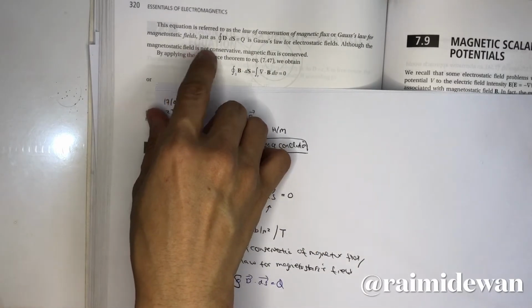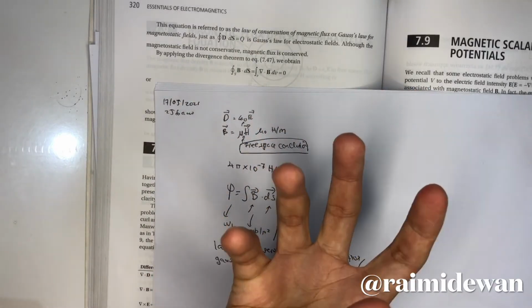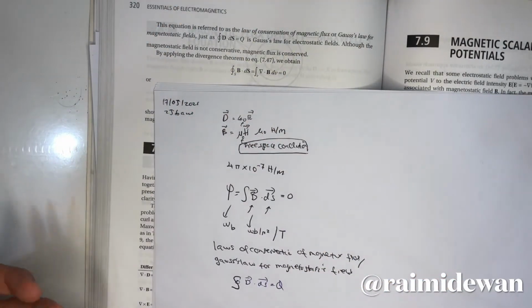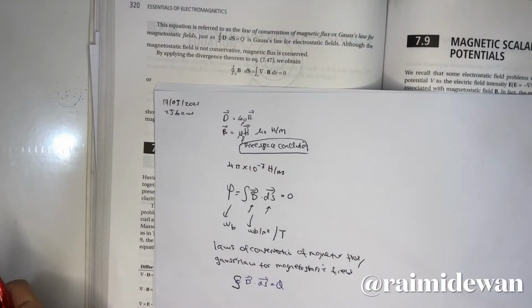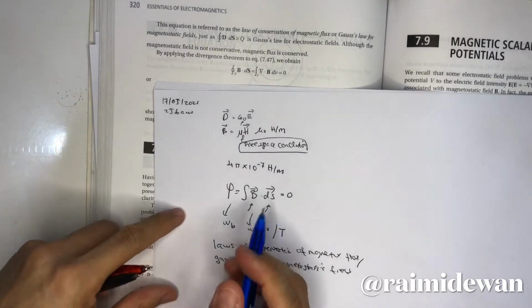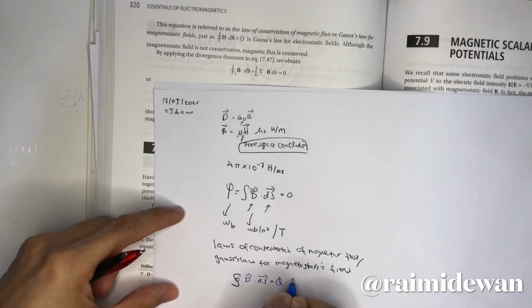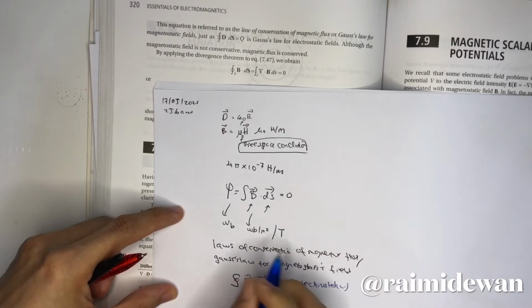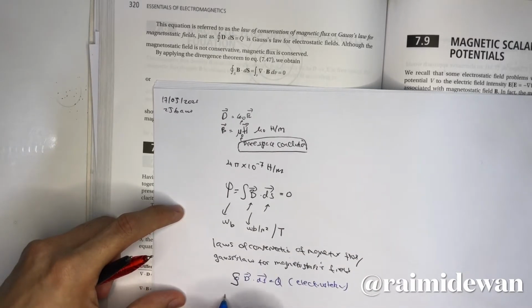The magnetic field is not conservative, however magnetic flux is conserved, because we have enclosed flux. We have closed flux, we don't have open, so that's why it is conserved. For the electrostatic field, this one is conservative. For the magnetostatic field, this may not be conservative.